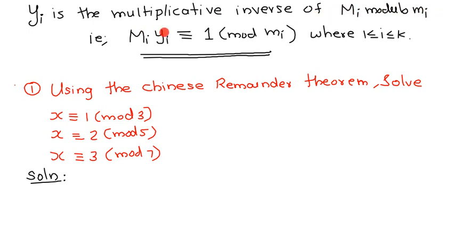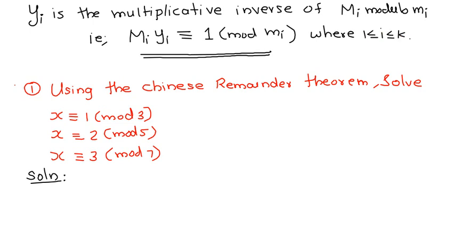That is, capital Mi times yi is congruent to 1 mod small mi, for i varying from 1 to k.